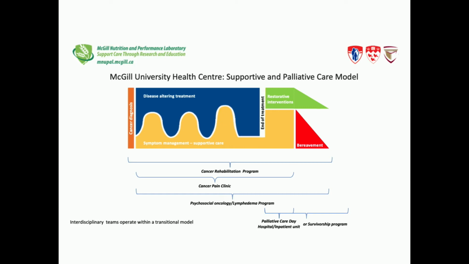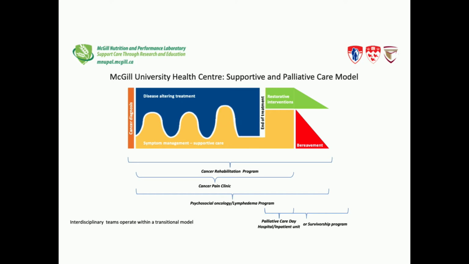Not really before the diagnosis, but before the treatment starts, okay? So what we call prehabilitation. And it goes all the way through either a restorative intervention for patient survival or to palliative care and bereavement, okay, after the patient's death.